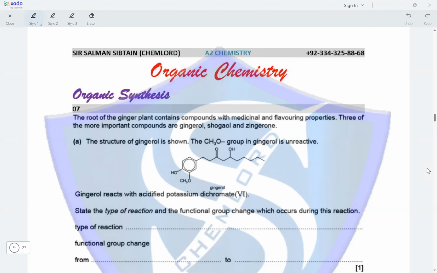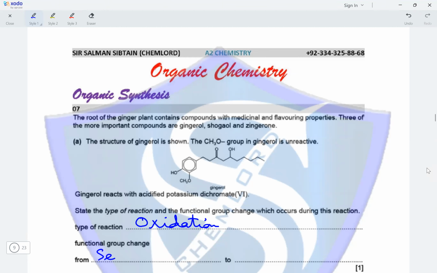Gingerol reacts with acidified potassium dichromate. That means it undergoes oxidation. State the type of reaction and the functional group change which occurs during the reaction. So the type of reaction is oxidation, and the functional group change would be the secondary alcohol, which is the OH group present on the straight chain carbon portion, and it will be converted into a ketone.